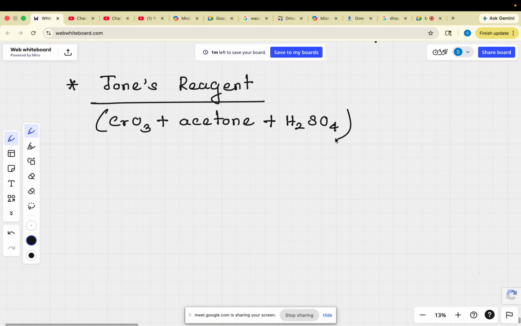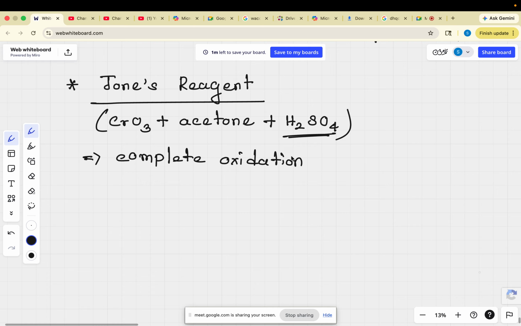Chromium trioxide plus acetone plus what? Sulfuric acid. So basically in Jones reagent you will get complete oxidation. This is not a mild oxidizing agent. Why? Because you are using H2SO4. H2SO4 is a concentrated acid.